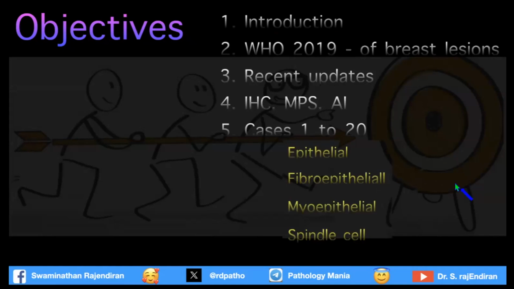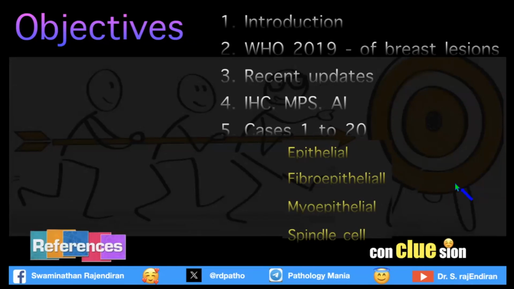I will be covering the cases including epithelial, fibroepithelial, myoepithelial, and spindle cell lesions of breast. I will conclude with key points, and I will give you a reference so that you can go and refer.